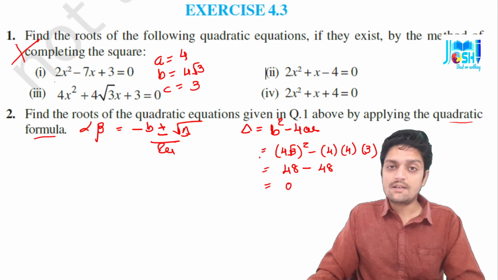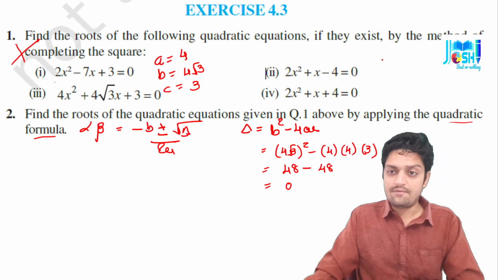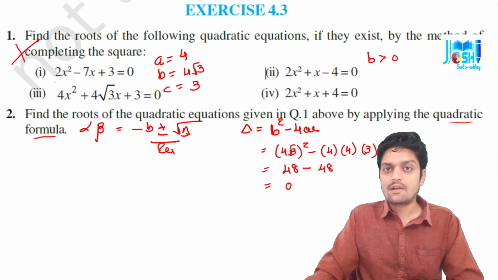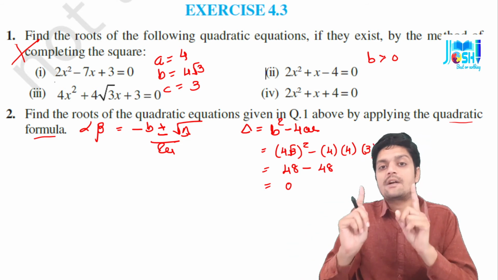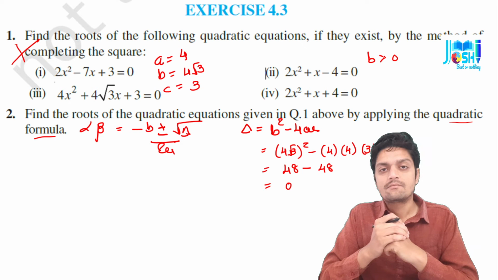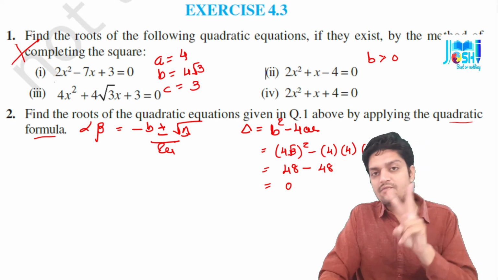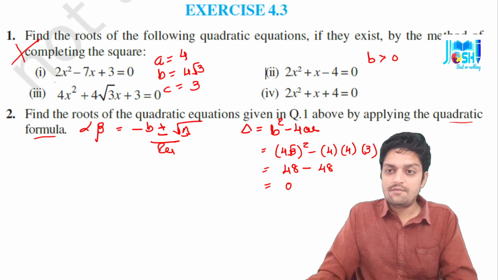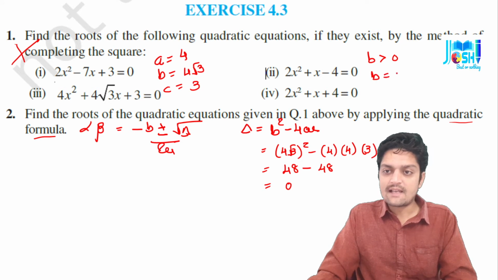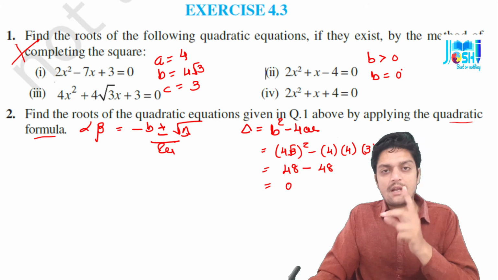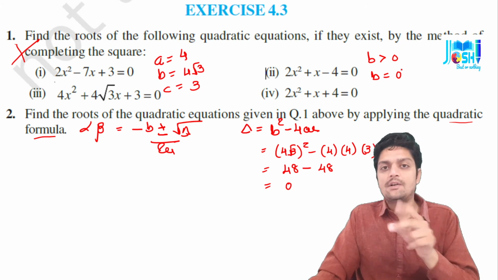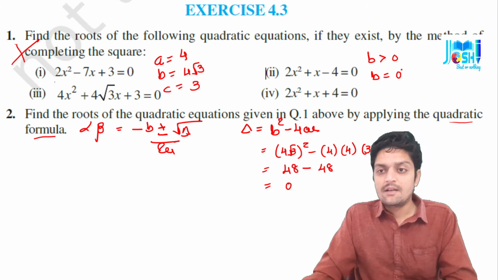Now let me tell you the nature of roots. If delta is greater than 0, then you will get two roots and both are different.